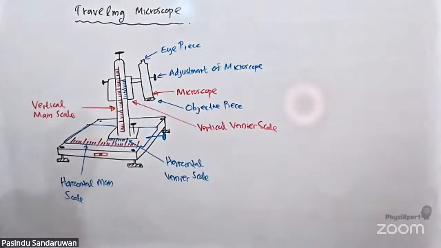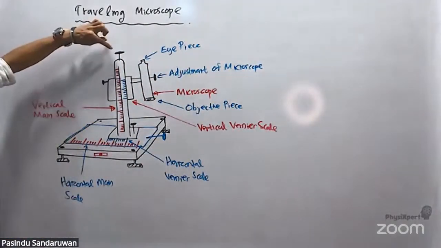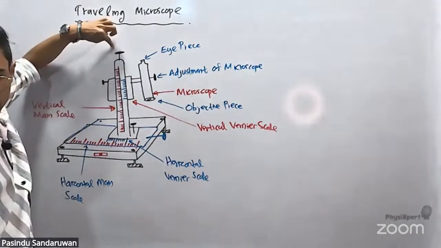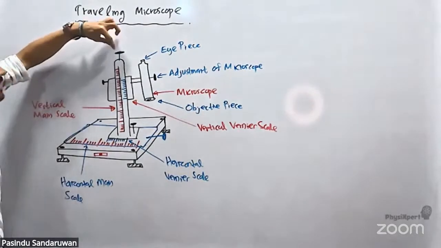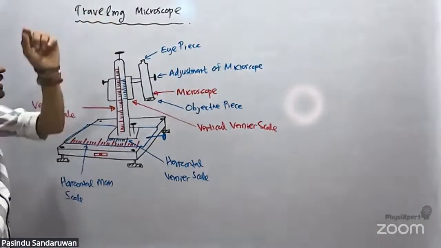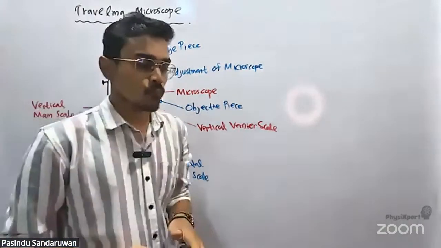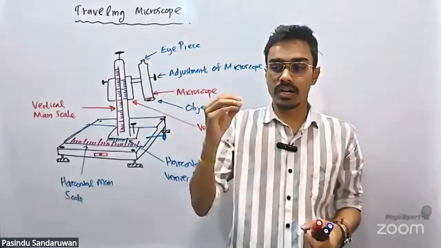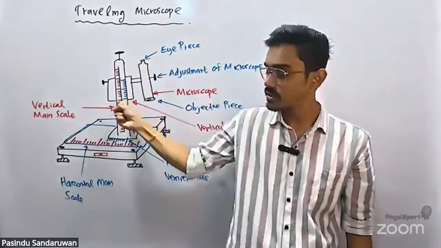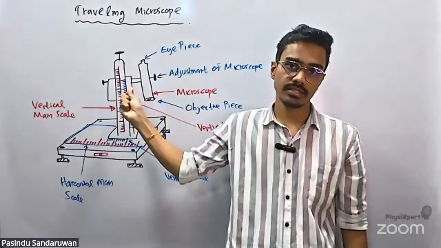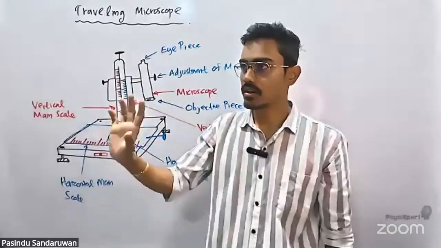And then, look at here. There's another nut here. This is a nut that is rotatable. That is called the fine adjustment of vertical movements. Vertical movements, which means, look at here.